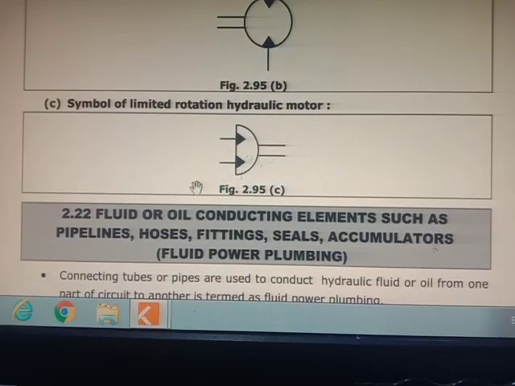Now this is the third symbol, the symbol of a limited rotation hydraulic motor. Here you can see the complete circle is not shown, only a half circle is shown, and this is the output. It means this hydraulic motor will not give you complete 360-degree rotation. It will give you rotation by some angle, and this is the symbol used for a limited rotation hydraulic motor. Okay.